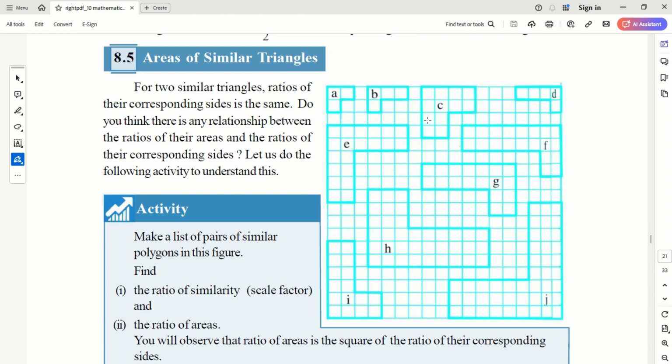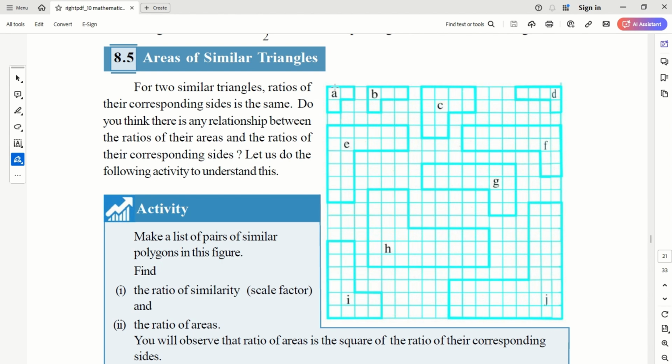And just for curiosity, we'll check what is the side of this shape here. 1 2 units on the topmost horizontal, right? Here it is 1 2 3 4. Okay. Anything striking?